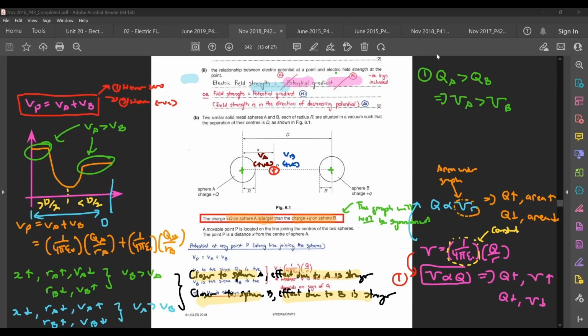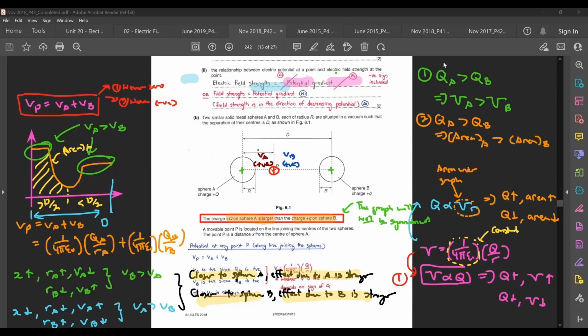Okay, so again, because QA is more than QB, you could also say that area for A should be larger than area for B. Okay, area due to A should be larger than area due to B. So when I say the area, it's kind of like this. This one is something like your area for A.